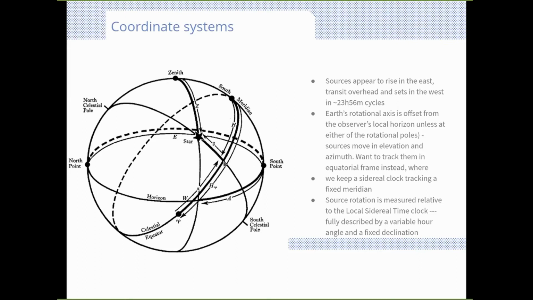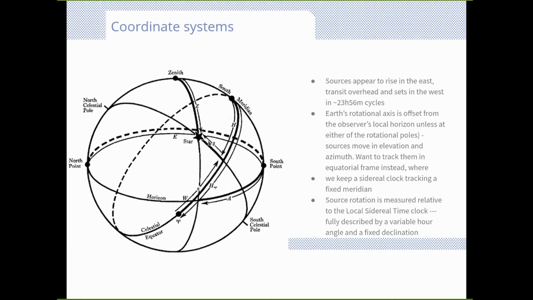You can see that the offset from this equator to such a star is indicated by this declination or delta angle over here on the great circle. So they'll be tracking out circles that are parallel at this declination over the course of this sidereal day.